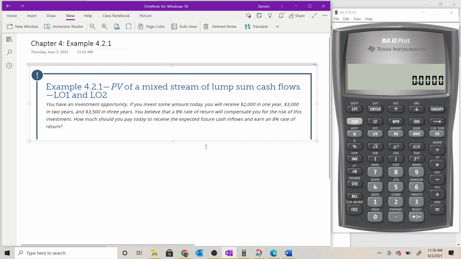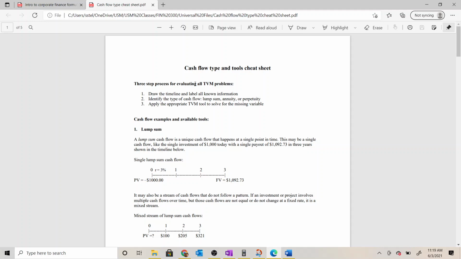Okay, so in this chapter, we've introduced a three-step process for solving any time value of money problem, where a time value of money problem is one that just involves cash flows over time that we need to evaluate. That three-step process we can see in the cash flow type and tools cheat sheet that's published in the course. That three-step process is up front.